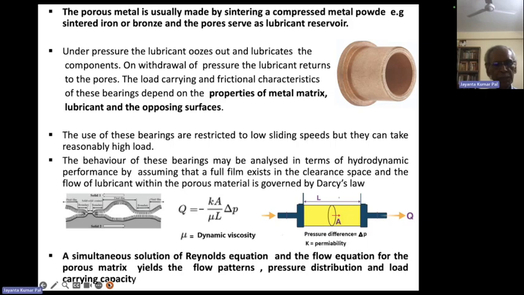The use of these bearings is restricted to low sliding because it is expected to wear out, but it can take fairly reasonably high load.